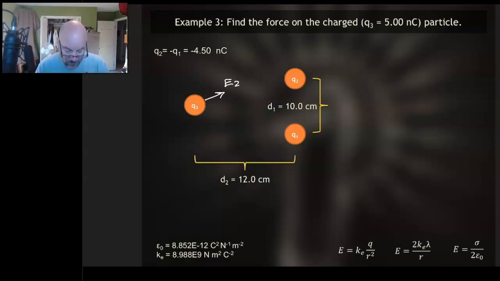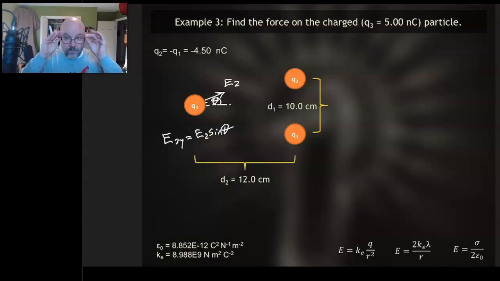It's this way. Now let's say we've got this angle in here, theta. If that angle is theta, then what we're looking for, E2y, is going to be E2 sine theta.